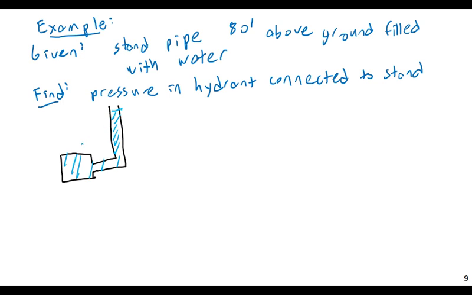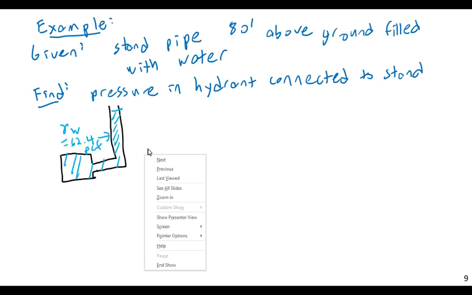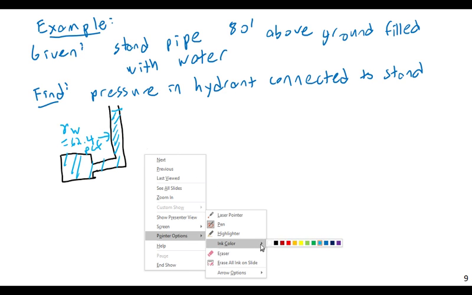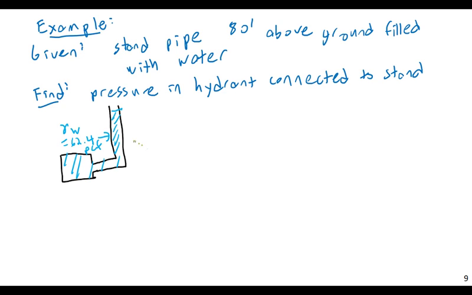We know gamma water is 62.4 pounds per cubic foot, and the height of this is 80 feet, and this is again Z.